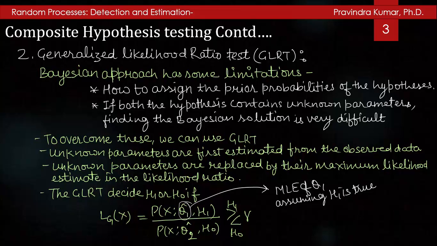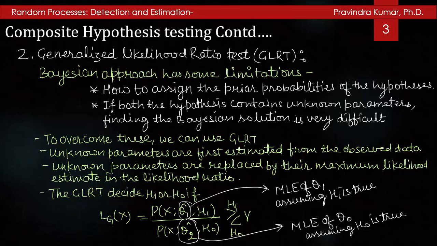So under the hypothesis H1, this is the PDF where the unknown parameter theta is replaced by its maximum likelihood estimate, and theta 0 cap is the maximum likelihood estimate of theta 0, assuming H0 is true.